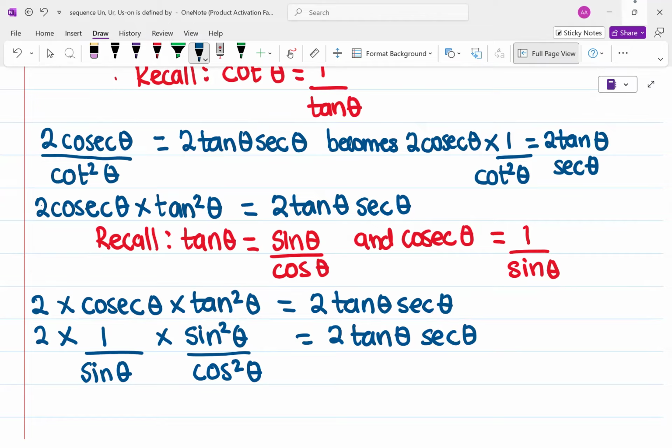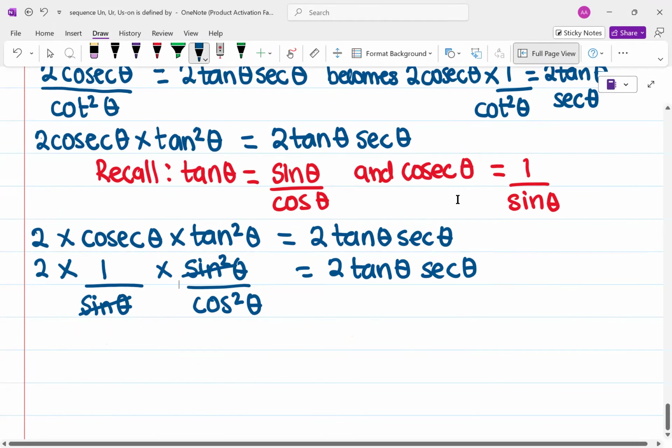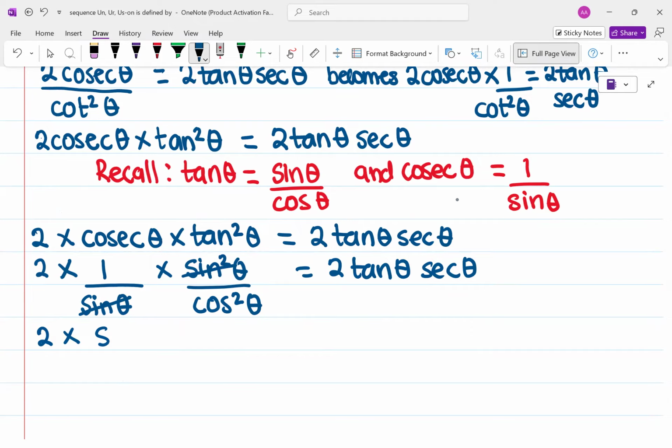This will cancel this, so I have 2 times sin theta over cos square theta equals 2 tan theta sec theta.